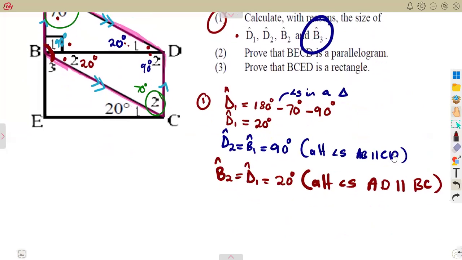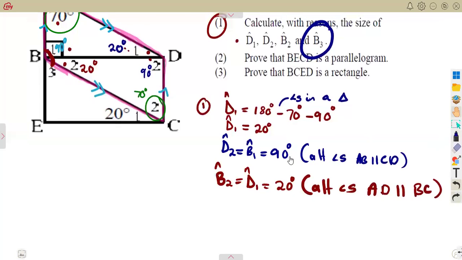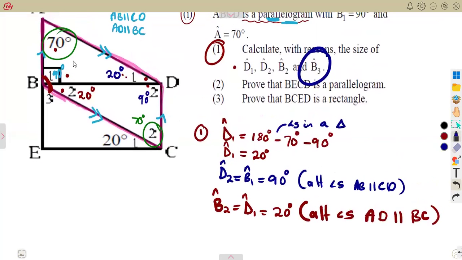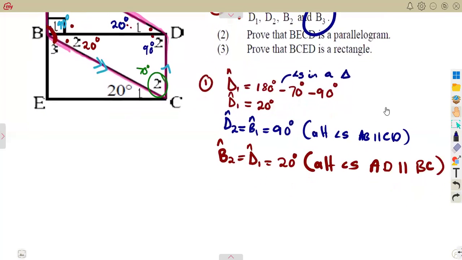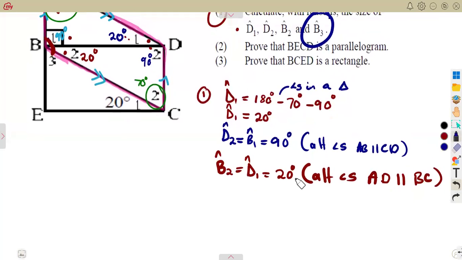All right, let's move on to our B3. This is where B3 is. In this case, we can simply use the concept of angles on a straight line. B1 plus B2 plus B3 must be equal to 180 degrees, angles on a straight line.